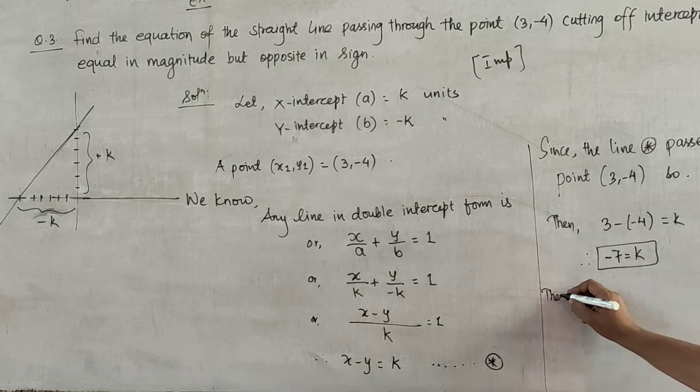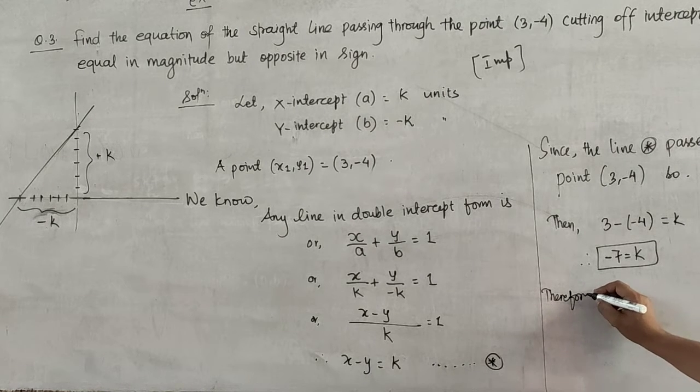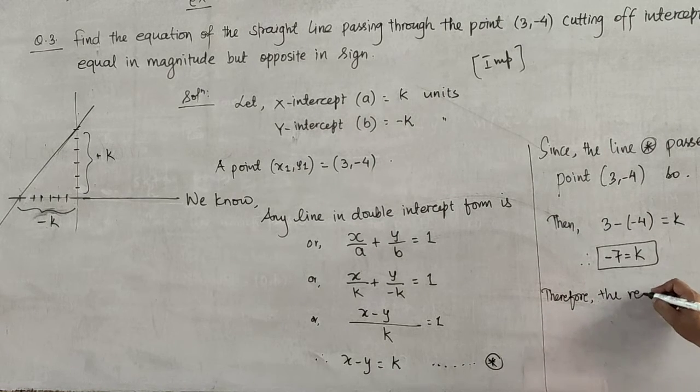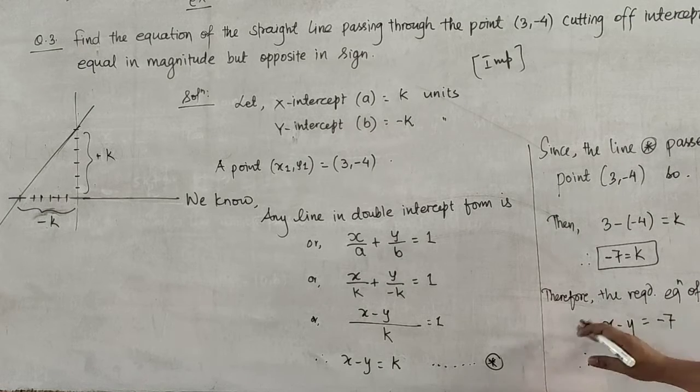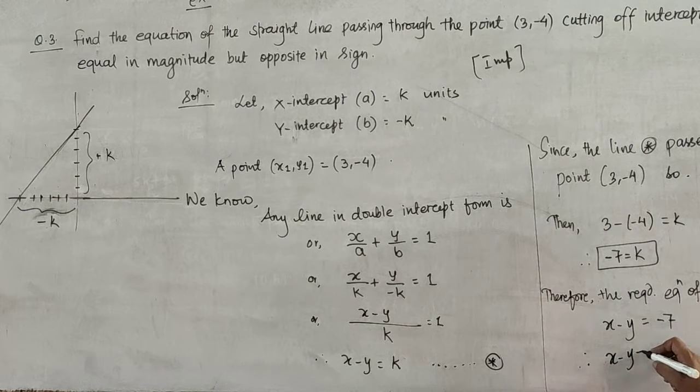Therefore the required equation of line is x minus y equals k. The value of k is here -7. Take to left side: x minus y plus 7 equals 0 is the required equation of the line.